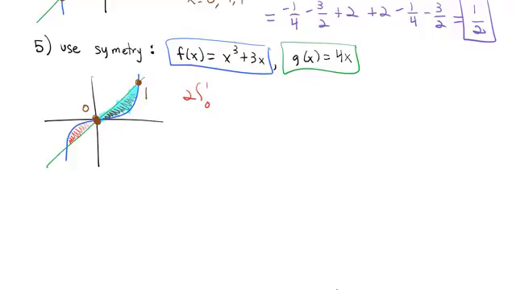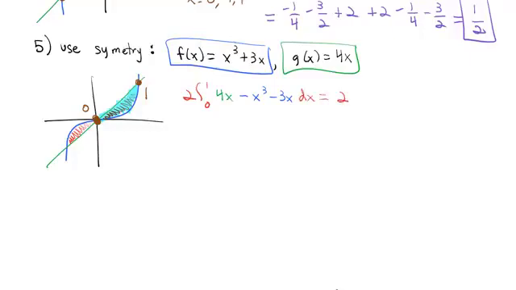So 2 times the integral, with the green on top, would be 4x. Let's do that in green. Minus the bottom function, minus x cubed minus 3x dx.